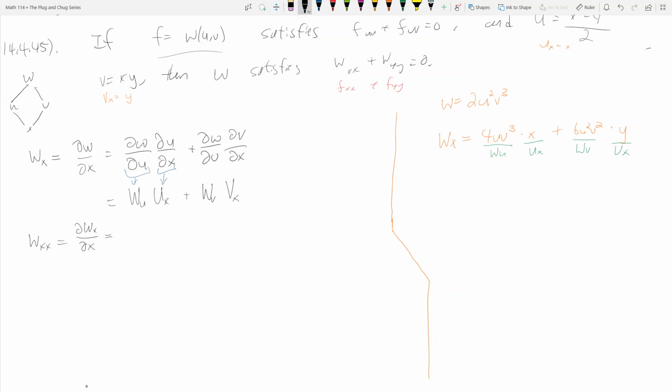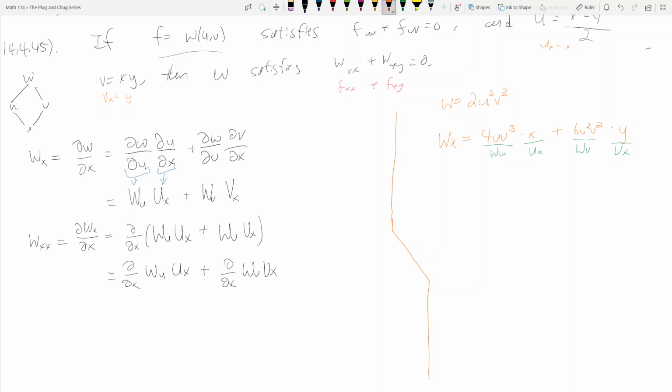And what is that? Well, that's d dx of w sub u sub x, plus w sub v sub x, all right? And so we can distribute the partial: d dx of w sub u sub x plus d dx of w sub v sub x, all right?